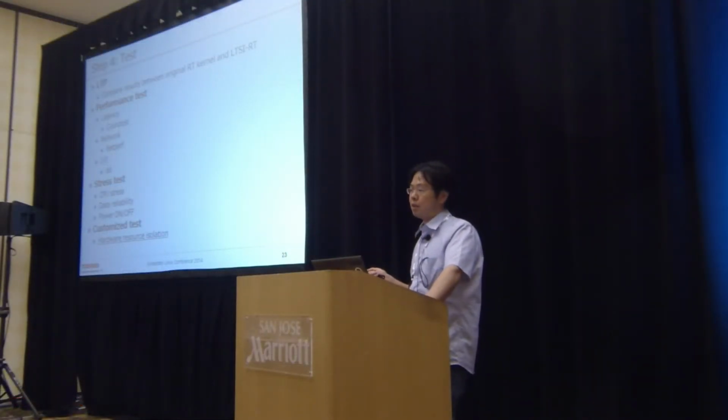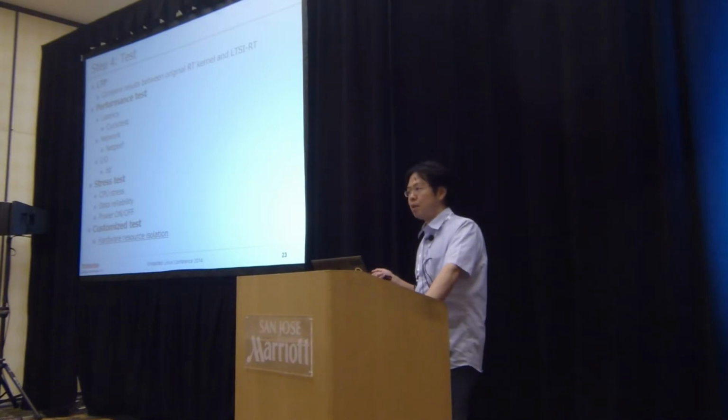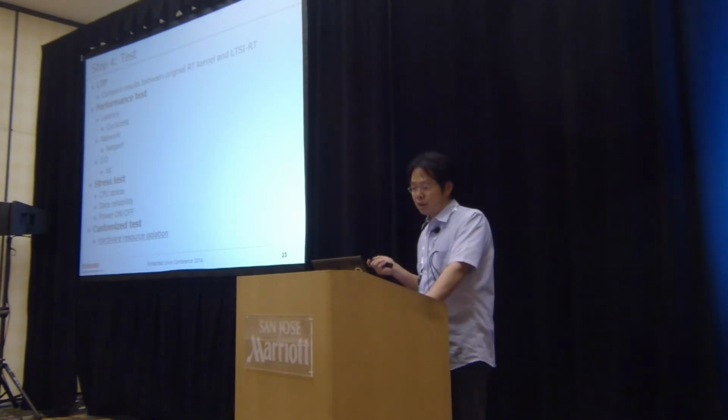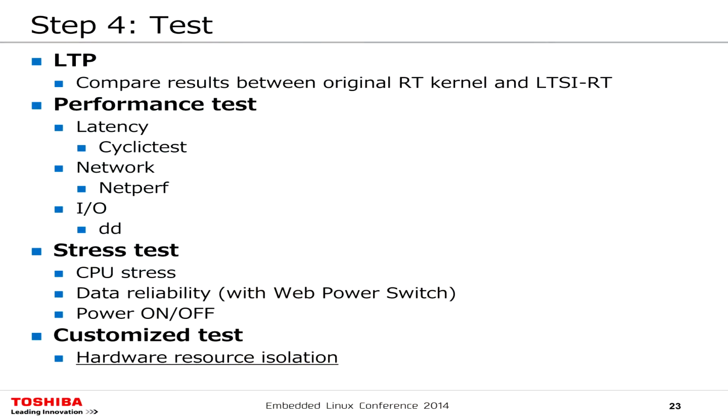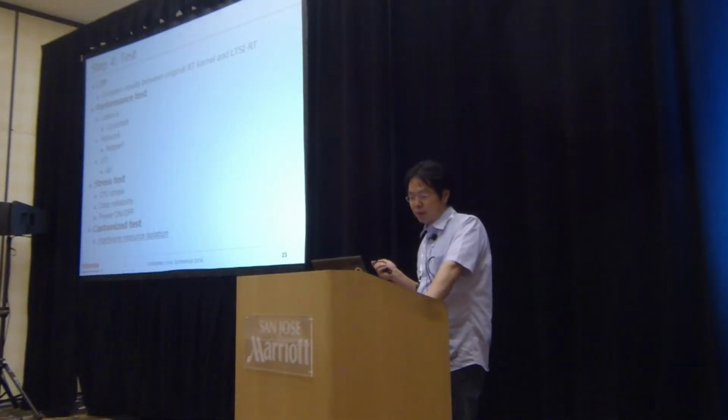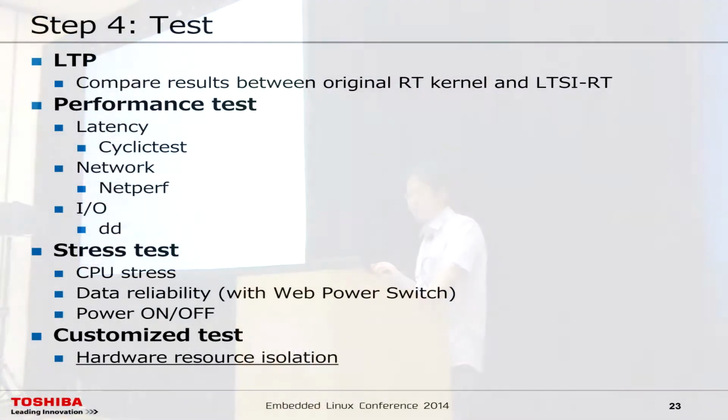If the test results are different, there may be regression issues. After that, we also do performance tests. Performance tests include the latency test with cyclictest, netperf for networking performance, and I/O tests. And this is very basic. Also a storage test using a CPU storage test and a data reliability test.